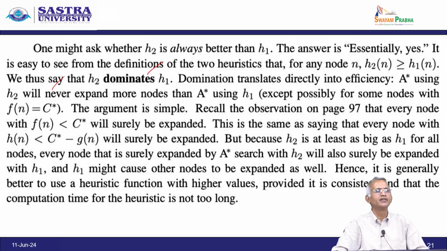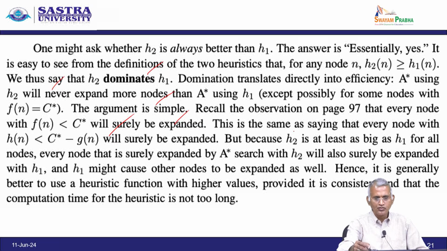except possibly for some nodes with f of n equal to C star. The argument is simple. Recall the observation on page 70 of the book that every node with f of n less than C star will surely be expanded. This is the same as saying that every node with h of n less than C star minus g of n will surely be expanded.